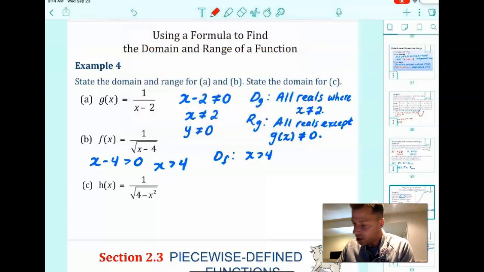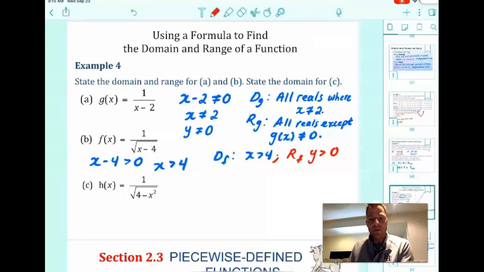Or algebraic notation. Your range of f, okay, the range of f is also going to be y is greater than 0. Number one, the range is going to be positive because the numerator is always 1, so that's a positive number. The denominator can't be negative because of the square root, so you're always going to have a positive number, right?